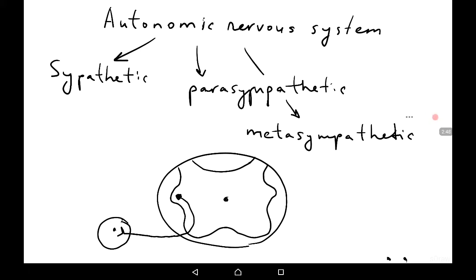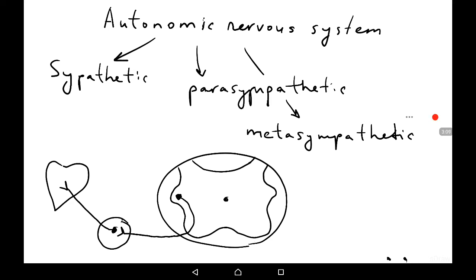The autonomic ganglion also includes the bodies of the second efferent neuron of the autonomic nervous system. And the axon of the second neuron propagates to the innervated organ, for example, to the heart in this example.